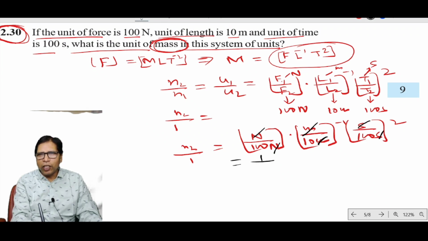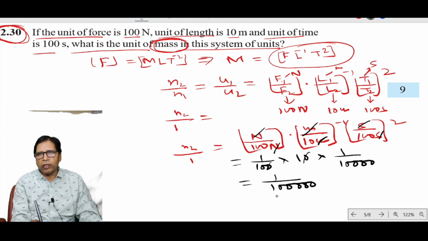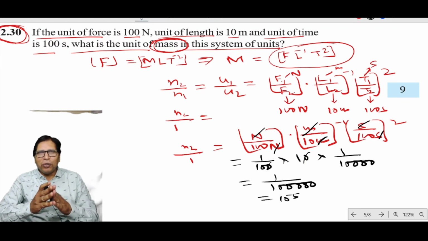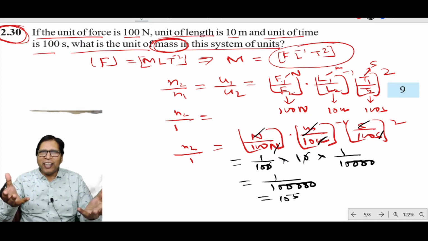So it is 1 by 100 into 1 by 10 to the power minus 1, so this is 10, and the rest cancels out. So it is 1 by 1000, which is 10 to the power minus 5. So the value of mass is equal to 10 to the power minus 5 in the new system.